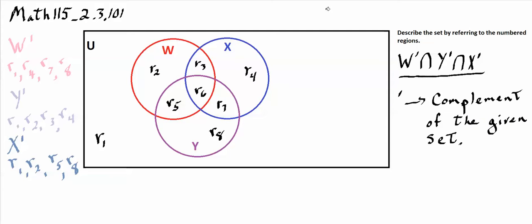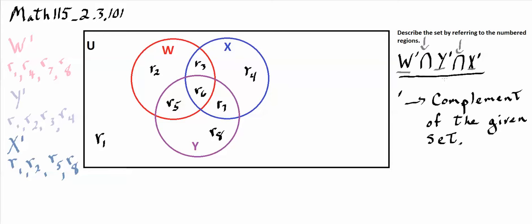Alright, now that we've determined what W prime, Y prime, and X prime are, each one of those, we now want to discuss the intersection. We're going to look at W complement, Y complement, X complement, and then we're looking at the intersection of these sets.